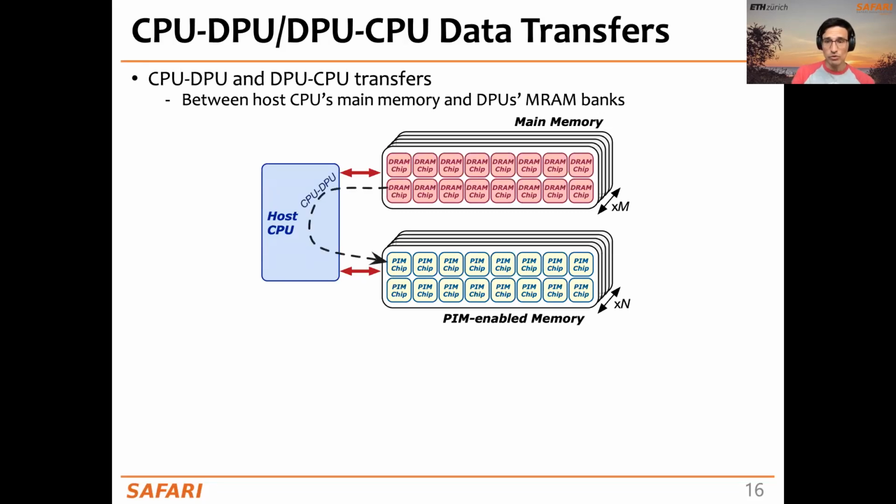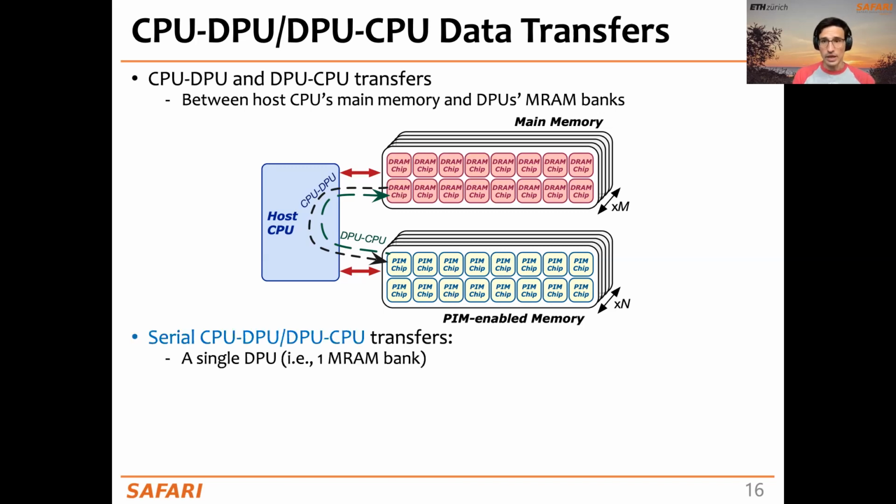A CPU-DPU transfer is a data copy between main memory and the PIM-enabled memory. A DPU-CPU transfer is the copy of results from the PIM-enabled memory to the main memory. And as we are going to see, there are different types of transfers. It's possible to do serial CPU-DPU or DPU-CPU transfers, where we are targeting a single DPU, just a single MRAM bank.